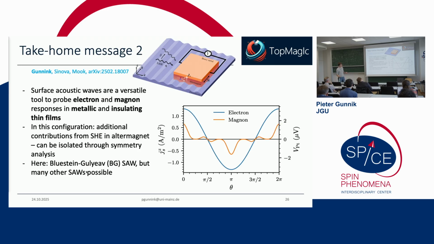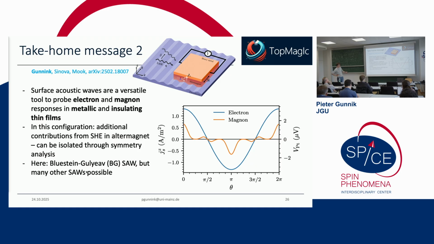All right, so to conclude, I've shown you that surface acoustic waves can be used to probe electron and magnon responses in these altermagnetic thin films, and that you can maybe expect some large responses in the insulators. But of course, it all depends on material parameters and on having an insulating d-wave altermagnet. But that's a problem for not me.